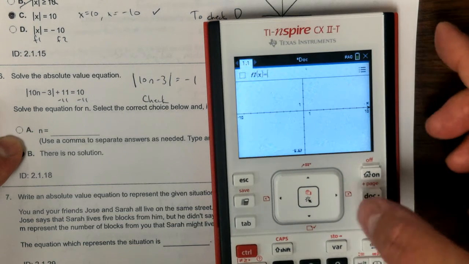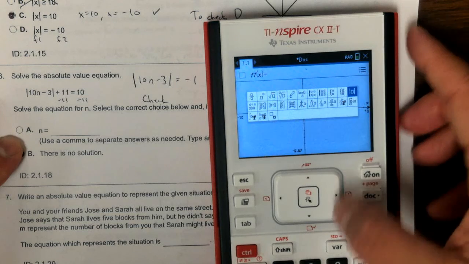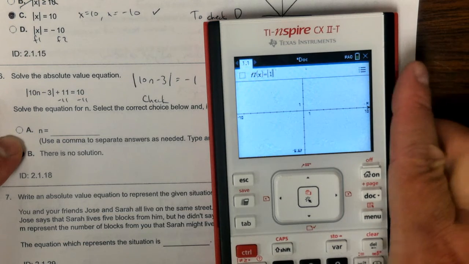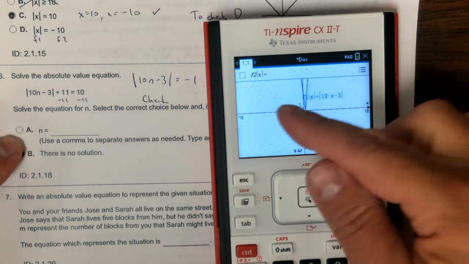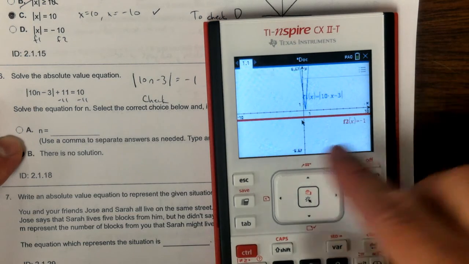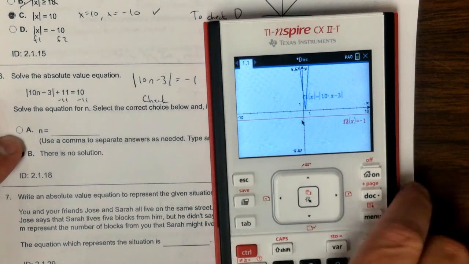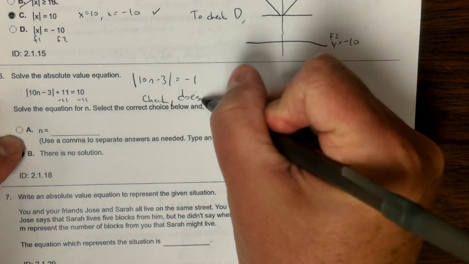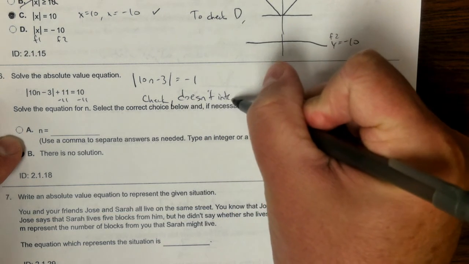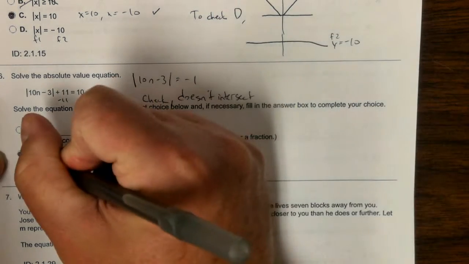Add graph. Absolute value 10x minus 3, down arrow, and then negative 1. So it doesn't cross. It doesn't intersect. So it's no solution.